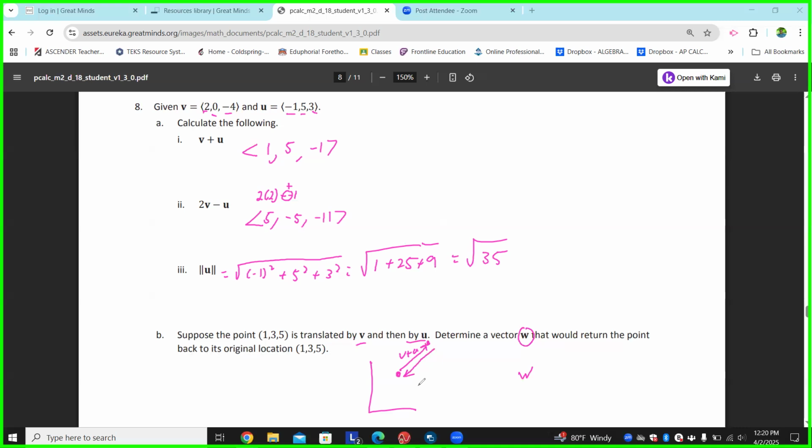I like where you're at with that. There it is. The negative V minus U would be the same thing as the opposite vector. What we learned yesterday or the day before, I can't remember, but the opposite of that. So you're not wrong by saying negative V minus U, but it would be the opposite. So instead of to do the math, I can just take this question right here and just find their opposite vector. So what's the opposite vector of this guy?